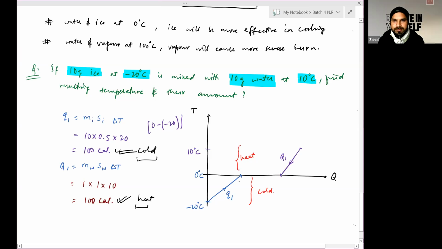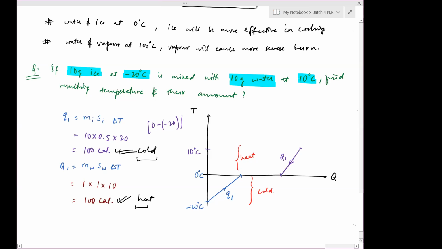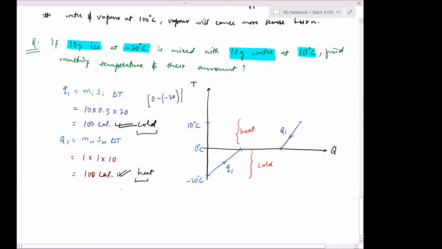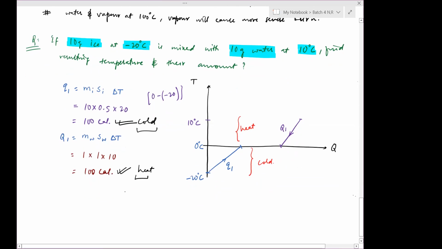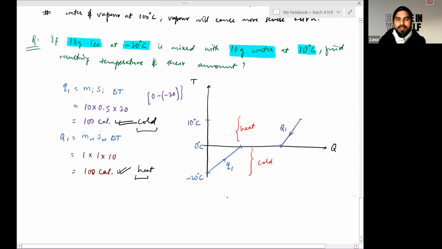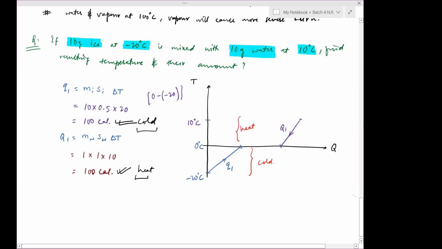Is it clear? Yes, sir. But we had taken 0 degrees Celsius as a reference point in the beginning of the question, right? What if we take some other point? Then just calculate the heat initially required, the amount of heat lost by water to go from one state to another. After this particular 0, it may start to change state.